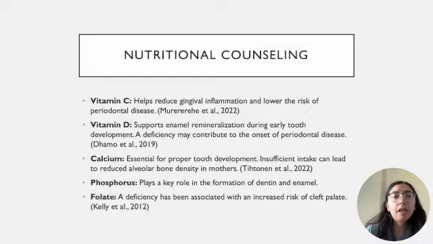This is important for us even if we don't have enough time to discuss all of this. We just have to look at patients on a case-by-case basis and see what they need.